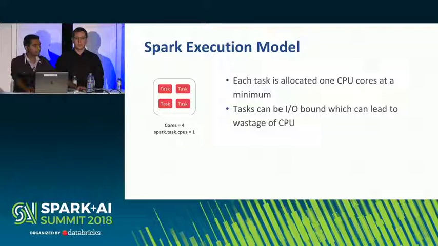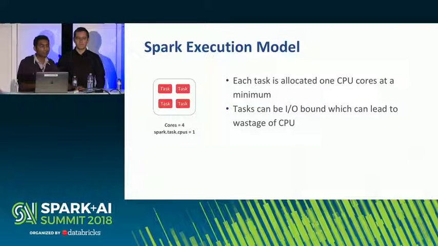Take a look at what a Spark task is. A Spark task is the minimum unit of execution which is scheduled by the Spark driver. So whenever you submit a Spark job, your input is split into multiple smaller chunks we call splits, and each Spark task processes one small split. The execution model of Spark is such that we allocate a minimum of one CPU core for each task.